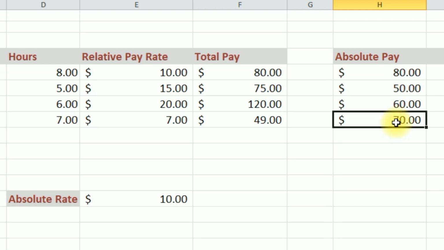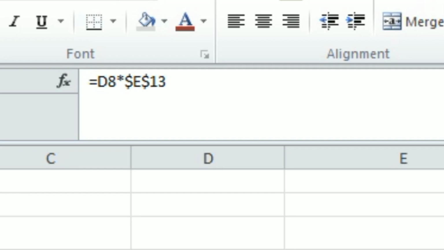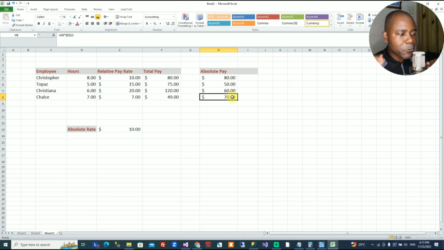So their hours remain the same and the hours keep going relative, but their pay rate is using an absolute value, which is found here in E13. And in every row you see, it's always the row's hours times E13 because I used the $ before the column and the row.